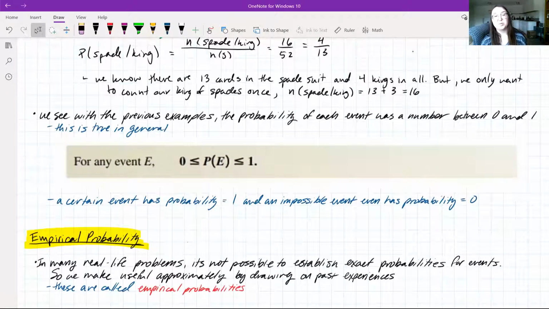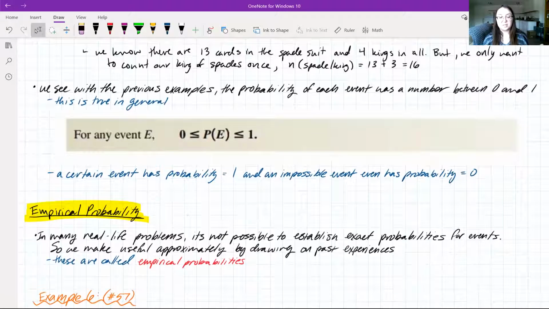So this is true in general for any event. For any event E, the probability of E is going to be between 0 and 1, including 0 and 1. So you can have a probability of 0, and you can also have a probability of 1. You just can't go above or below.